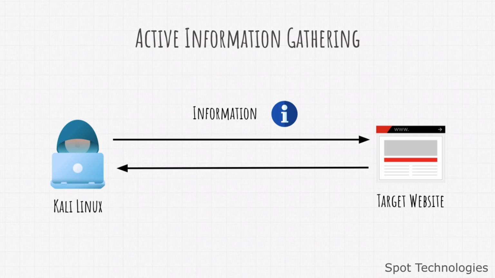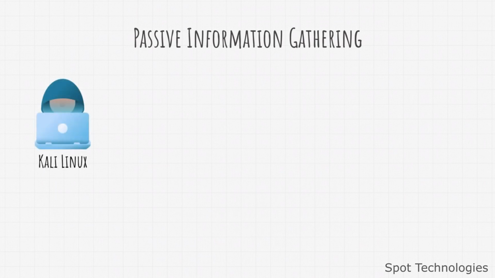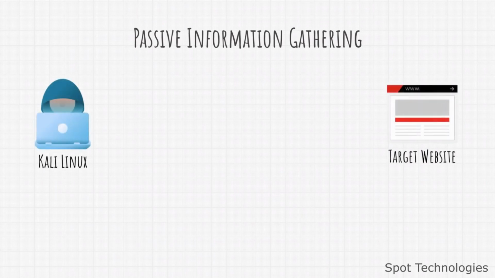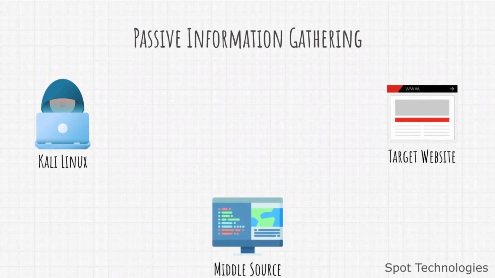It is important to mention that usually active information gathering will provide us with much more important data than passive information gathering, since we are directly interacting with the target. On the other hand, we've got passive information gathering. It is similar: we've got our Kali Linux machine and our target. But we also have an intermediate system, or what I like to call a middle source.